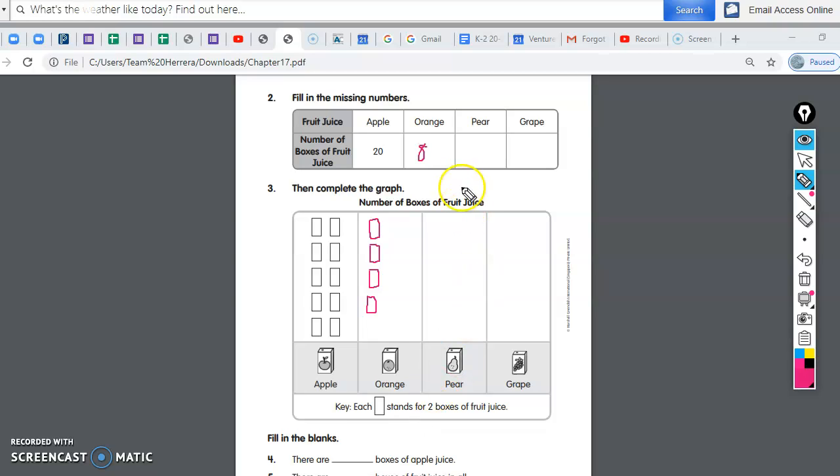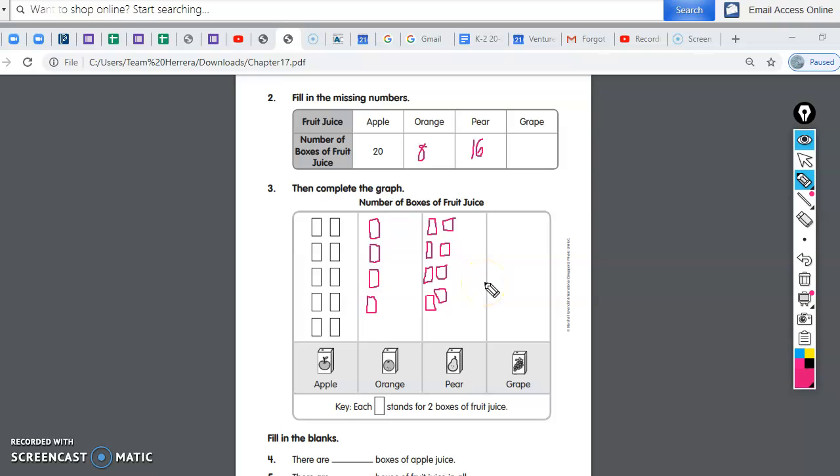Okay. Now we know with our pear juice boxes, we had 16. So I can go 2, 4, 6, 8, 10, 12, 14, 16.